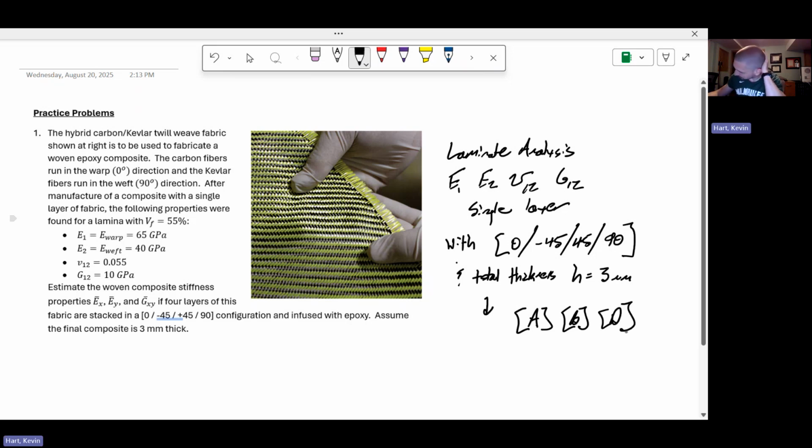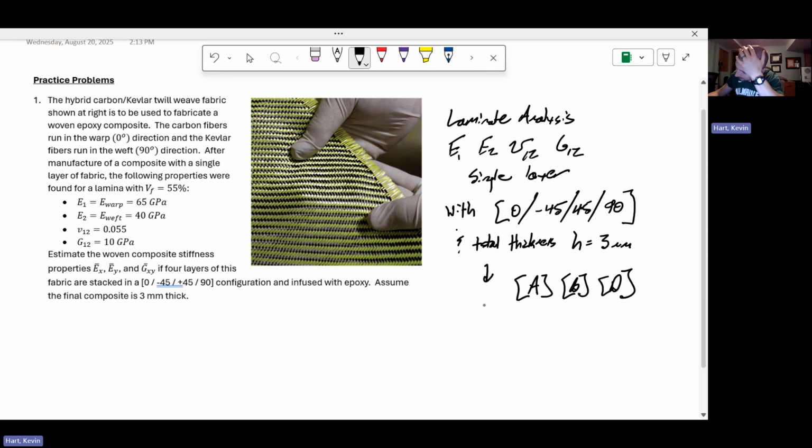Once you have the ABD matrices, you can invert to get little a, little b, little c, and little d.